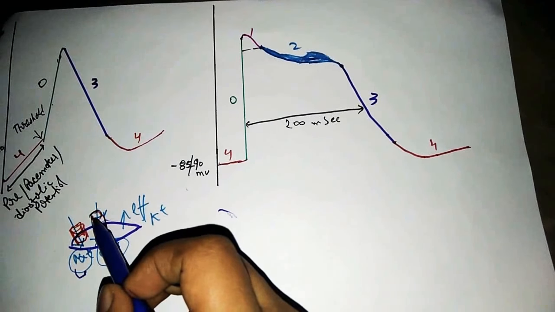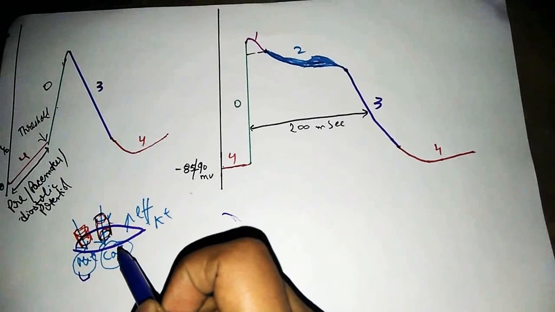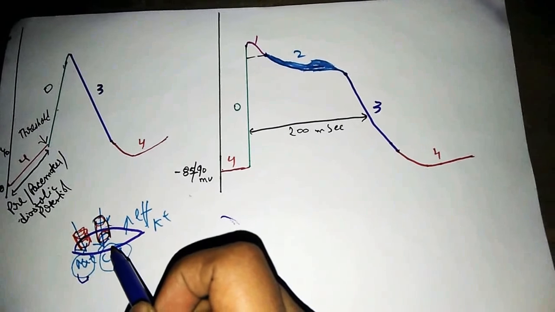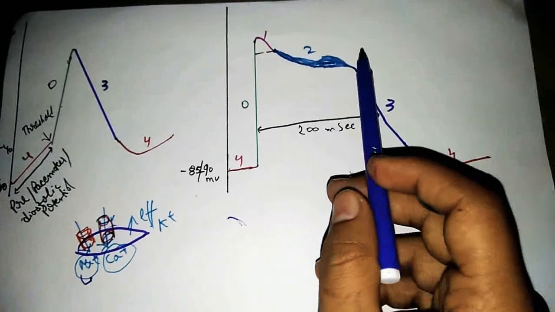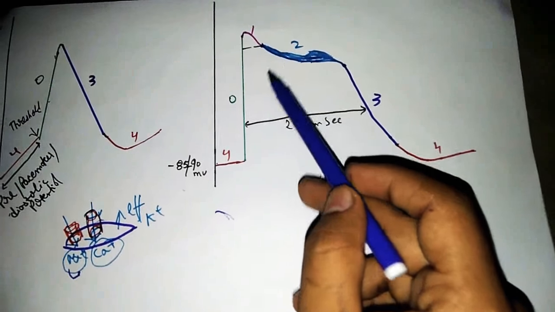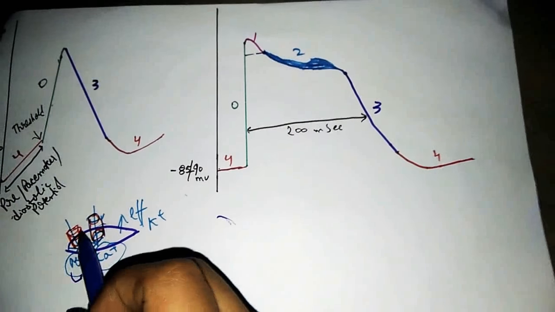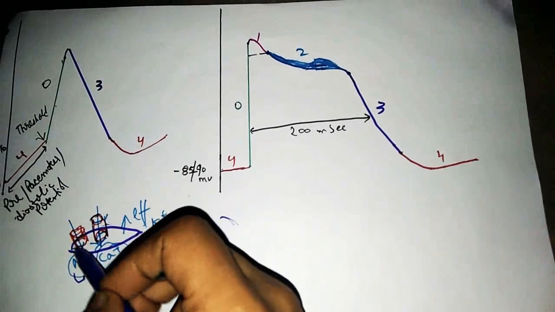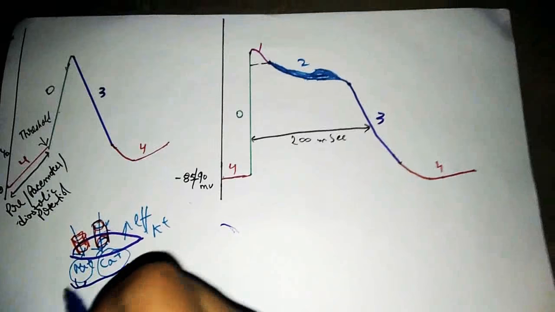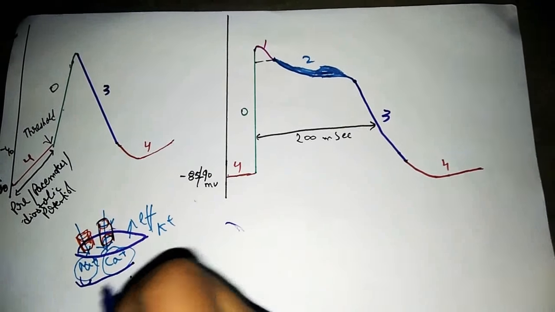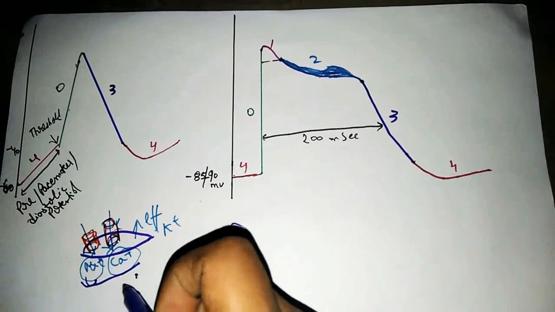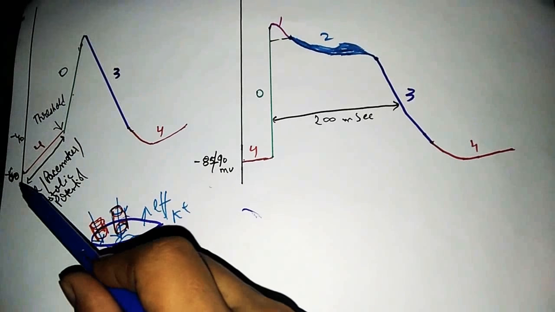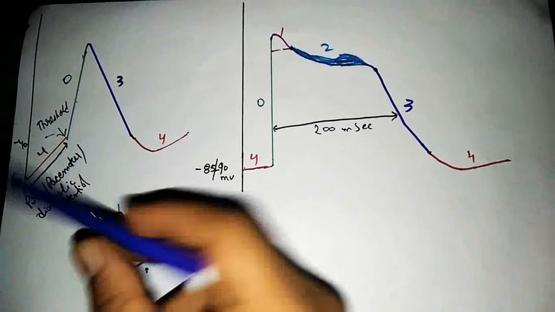And there are also T-type calcium channels. These are different from the L-type slow calcium channels, which we have already seen in the plateau phase of the cardiac action potential. So there is constant influx of both these ions, sodium and calcium. Electronegativity constantly decreases, and after some time it reaches from -60 to -40.